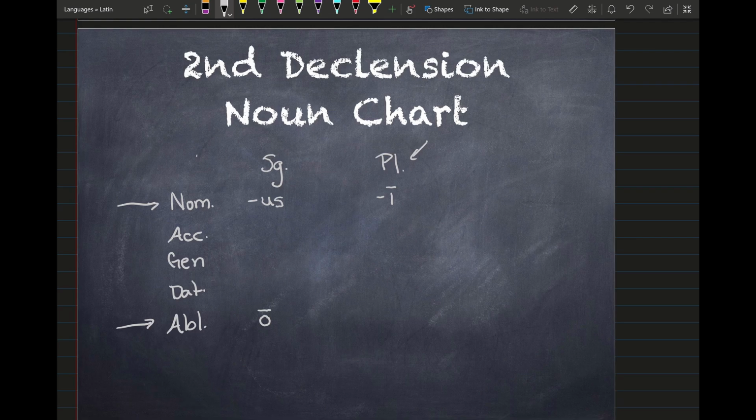So this is what we're going to experience not only in this Lectio, but throughout this chapter. So it's important that you get used to seeing or drawing these charts out to ensure that you're able to do well at memorizing these endings. They must be learned if you are to understand Latin.